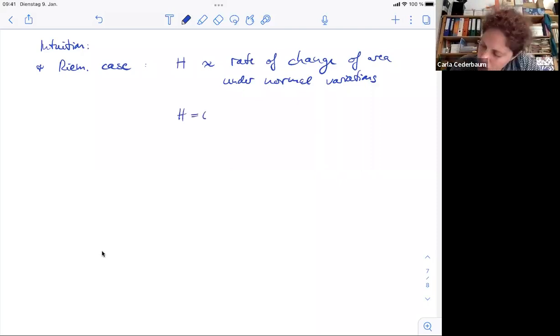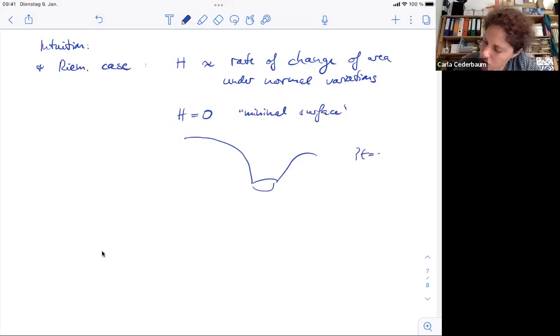H equals 0 is what people call a minimal surface. And you might have already encountered this when you look at the Riemannian Schwarzschild, so t equals 0 Schwarzschild. As you approach r equals 2m, this has 0 mean curvature.